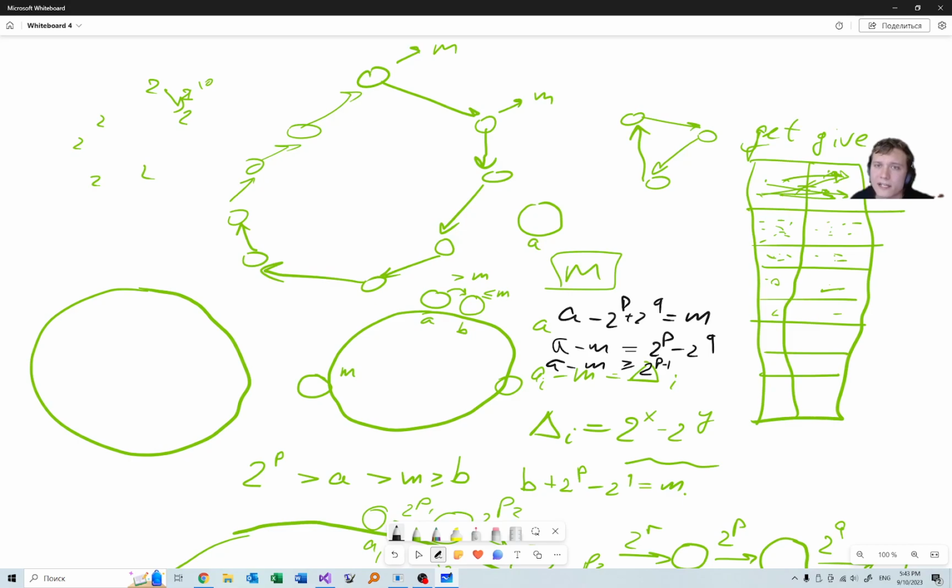Okay, again, maybe there is some number which is less than m. Then it gets something, and it gives something. So a plus 2 to the p minus 2 to the q is m. So p is at least q plus 1.